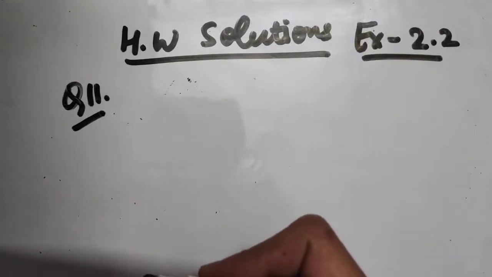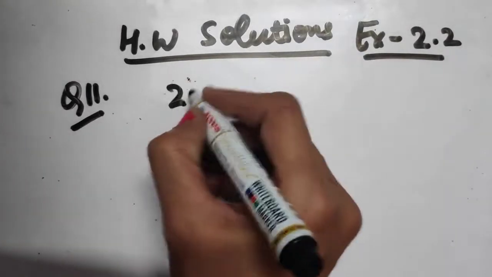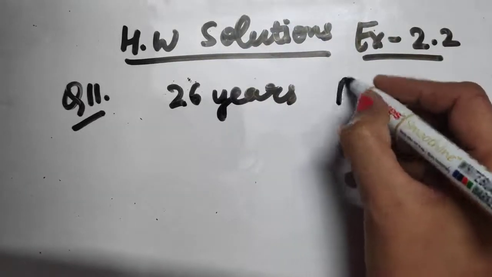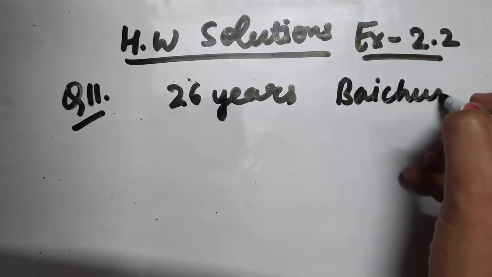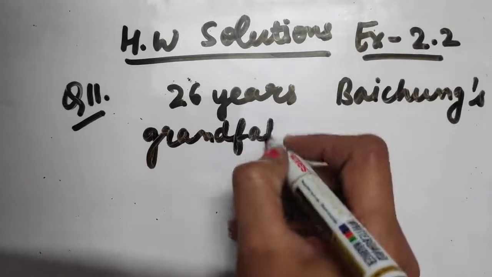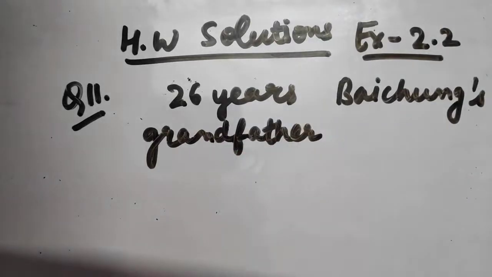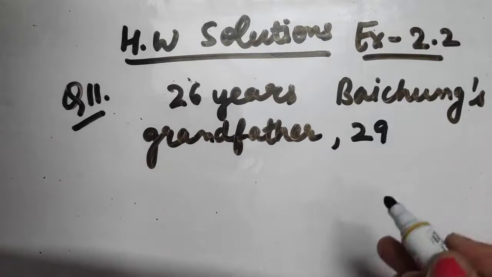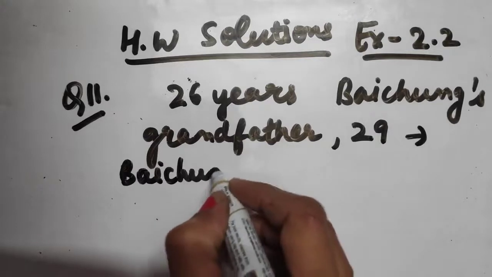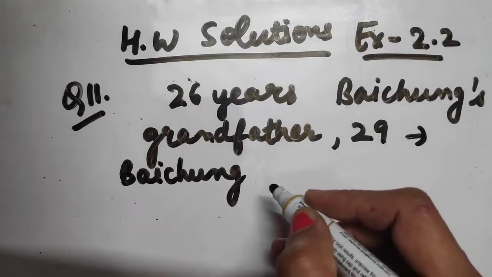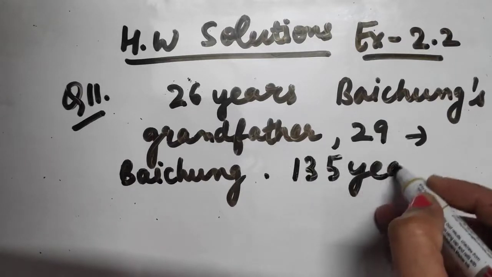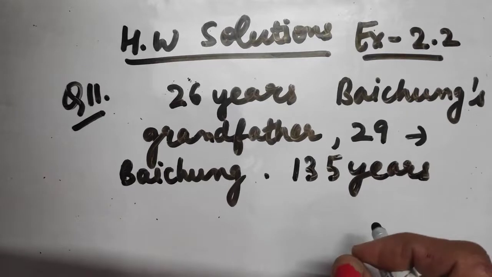Question number 11 says, Baichung's father is 26 years younger than Baichung's grandfather and 29 years older than Baichung. The sum of the ages of all three is given to us as 135 years.